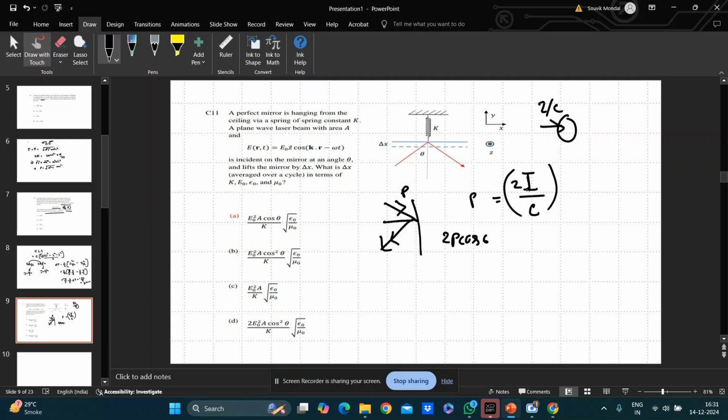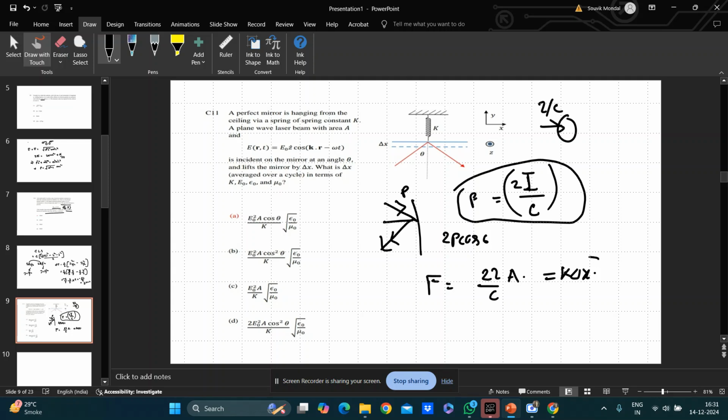The similar kind of approach is here. The radiation is kind of a ball, I mean a beam of many photons hitting this surface at an angle theta and reflected back. So the total pressure is 2I by c. The force is pressure into area, that is 2I by c into area, and that is equal to K into delta x, which is the compression of the spring.